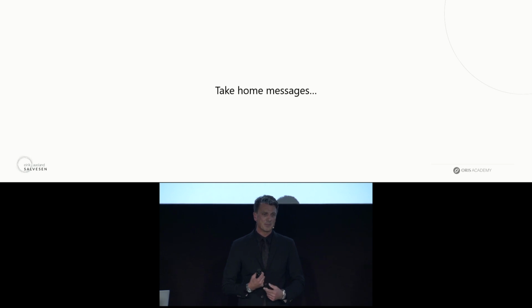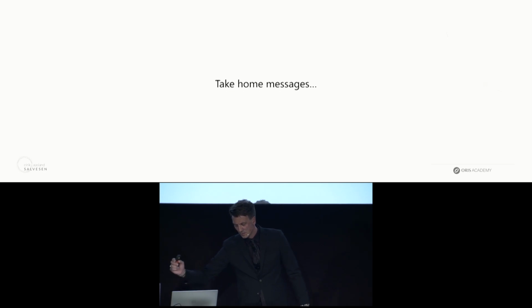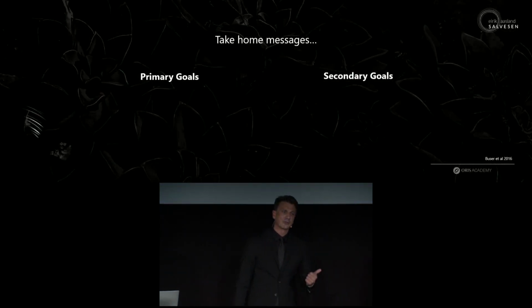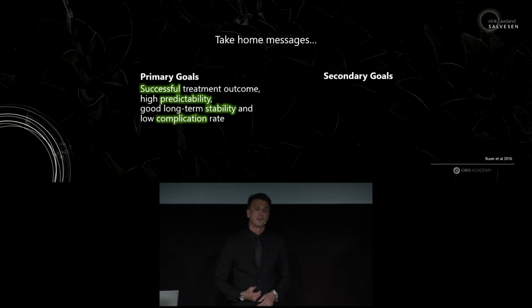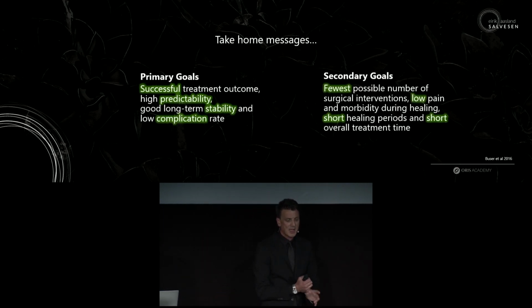And those will be basically the same thing that I would traditionally say in my first slide. We do have primary goals and secondary goals of implant treatment. We should never try to risk the primary goals of successful outcome, high predictability, long-term stability, and low complication rate. But we should still try to challenge ourselves, providing more of the secondary goals to the patients.